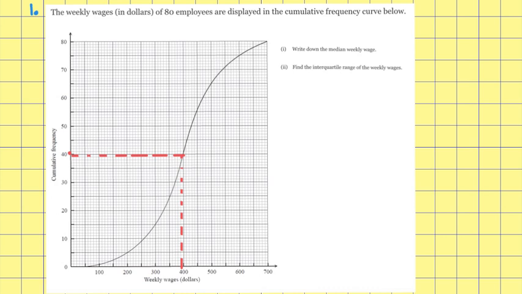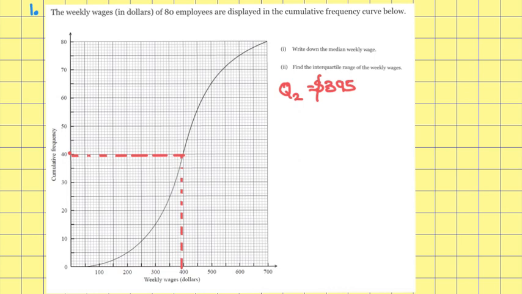I've drawn on my line for the median, and I get my median wage, or Q2, to equal $395. Remember, it's only an approximation.